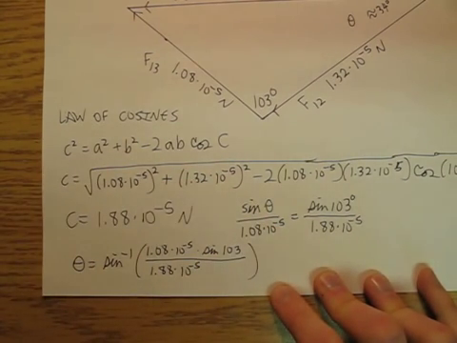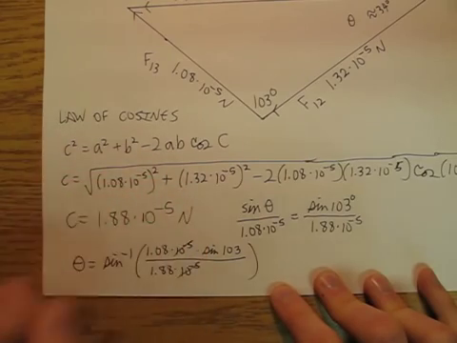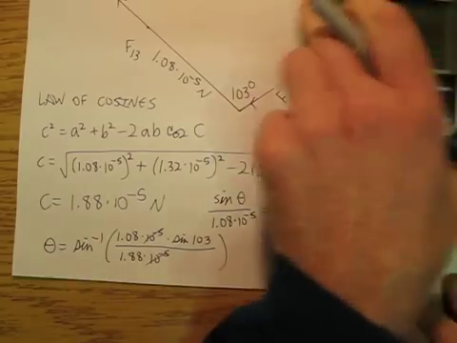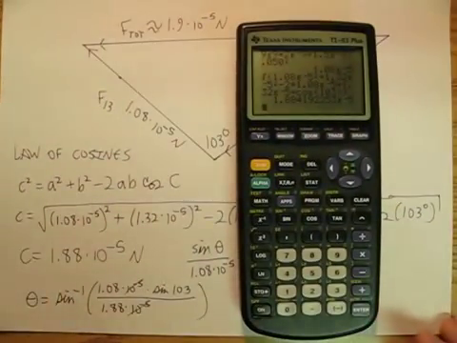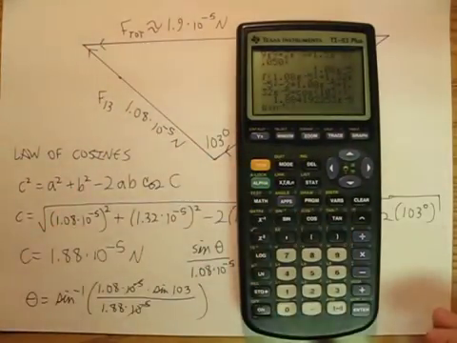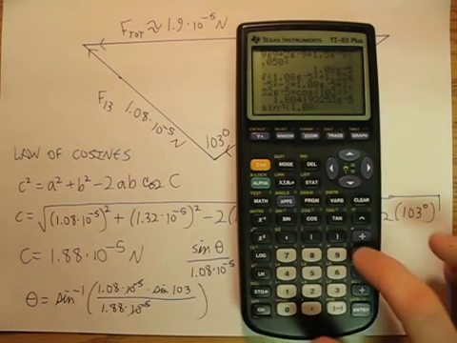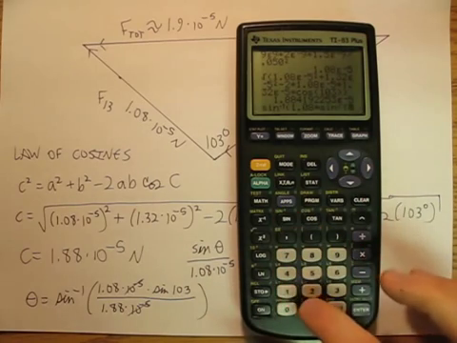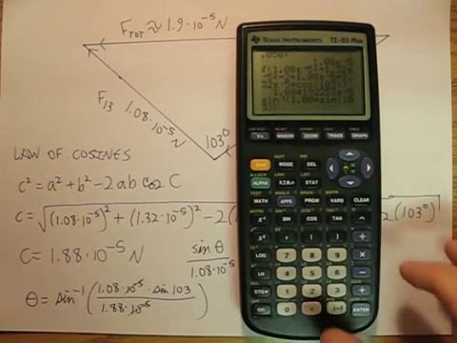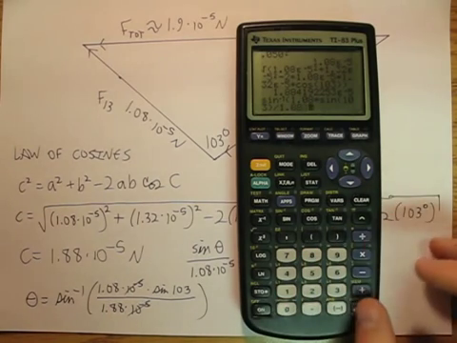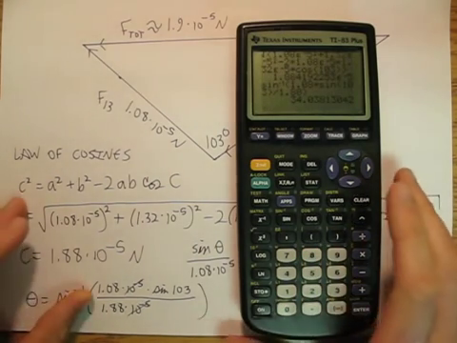And I'm going to take out that and that because I can. And so we're going to get second sine inverse of 1.08 times sine of 103 divided by 1.88, and we're going to get 34 degrees.